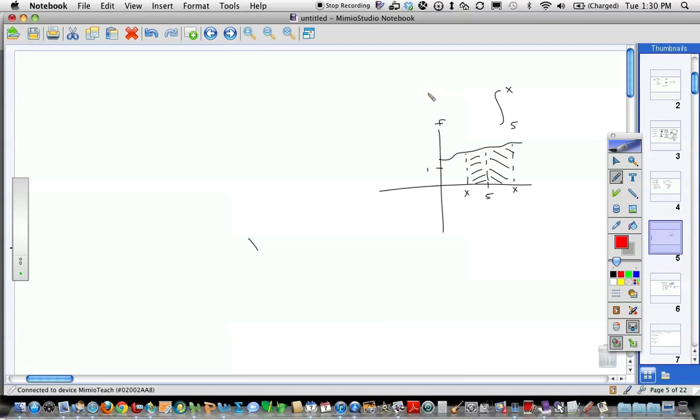61 through 64, there's two things. What they want you to do is write it in terms of big F. So all you're going to have is big F of something, right? But something you may need to use are two of the properties that we talked about the other day.